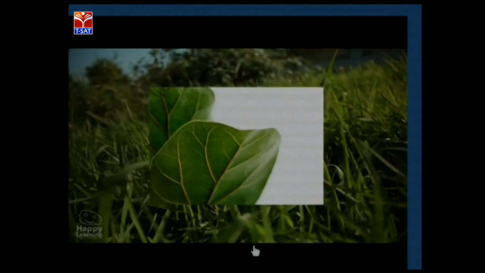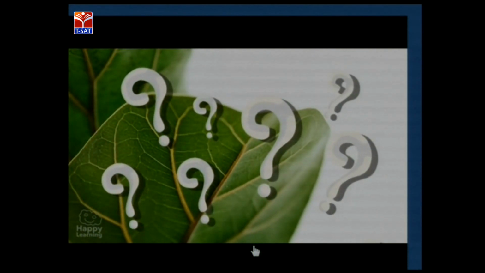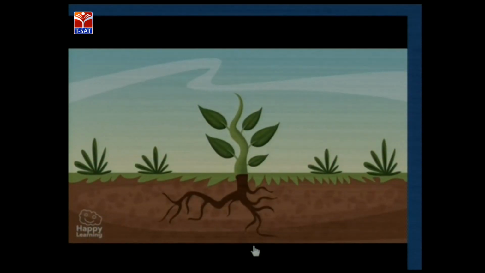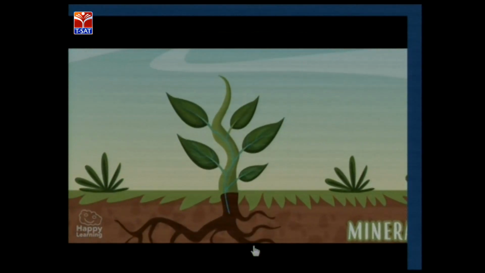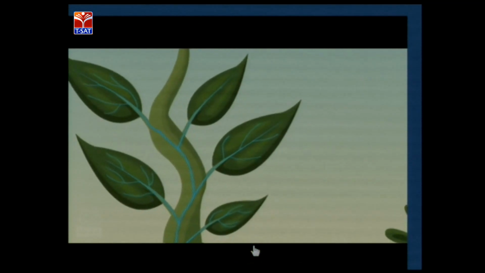But how does photosynthesis take place? Look at this plant. As you can see, its roots are anchored to the ground, and through them, the plant absorbs water and minerals in the soil. Water with minerals are transported up the stem, reaching the leaves.